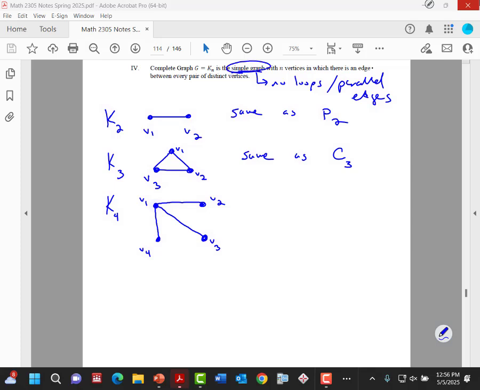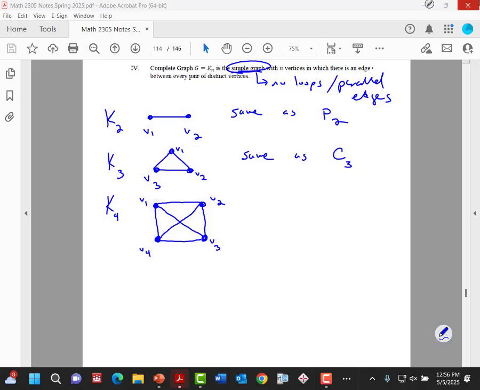Remember, this is a simple graph, so no loops, no parallel edges. So I'm not going to draw any loops. I'm not going to draw any parallel edges. So currently in this graph that's drawn, I can get from V2 to V1, but I also need to be able to get from V2 to V3 and from V2 to V4. And then lastly, I need to be able to get from V3 to V4.